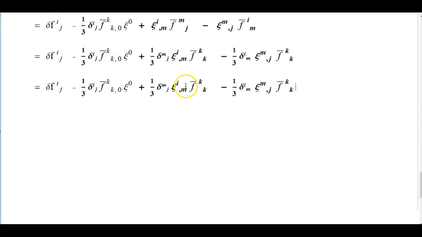Yeah, so delta mj can now be applied to xi im, and it will replace m with j here. Okay, so delta mj has done its job, it's gone. Now delta im will do its job here, and this will become xi I j.